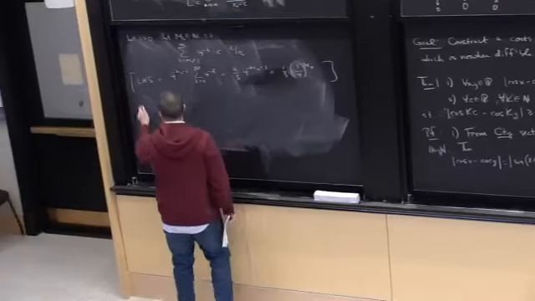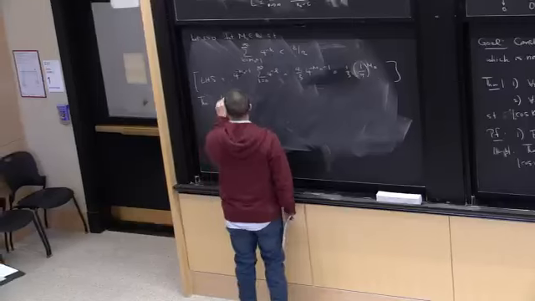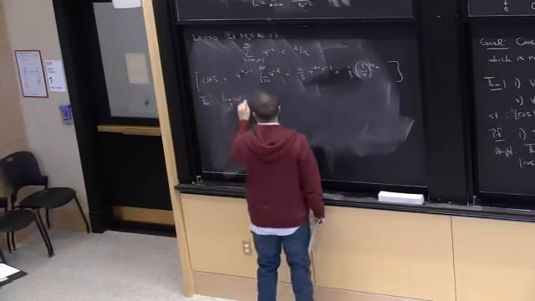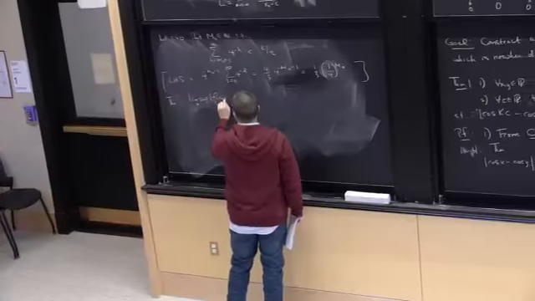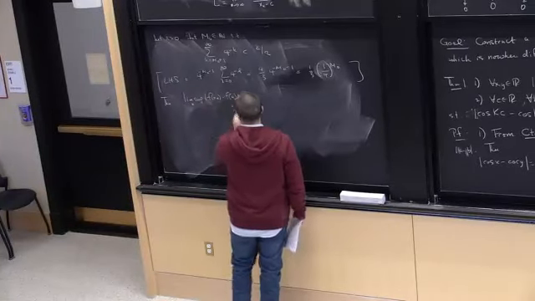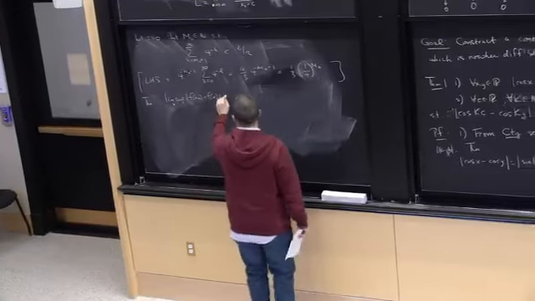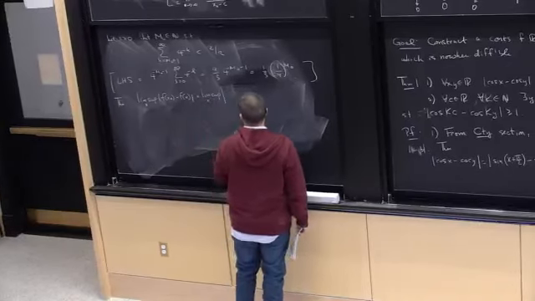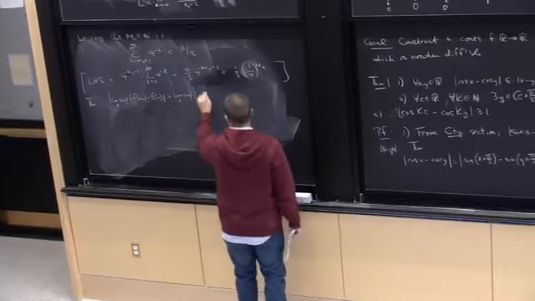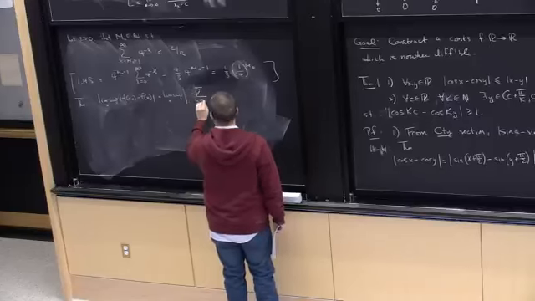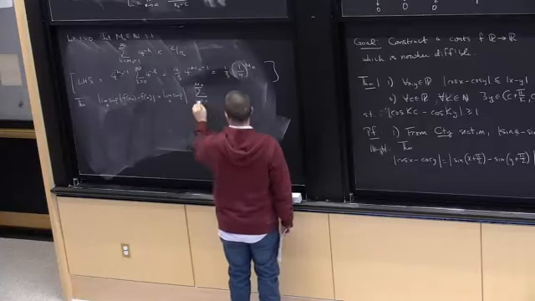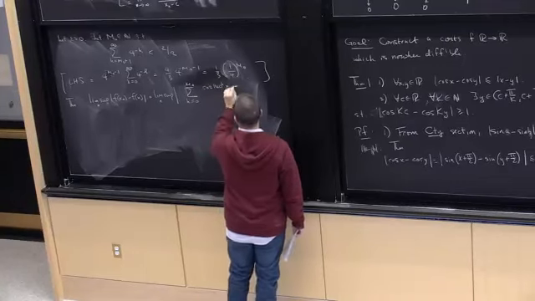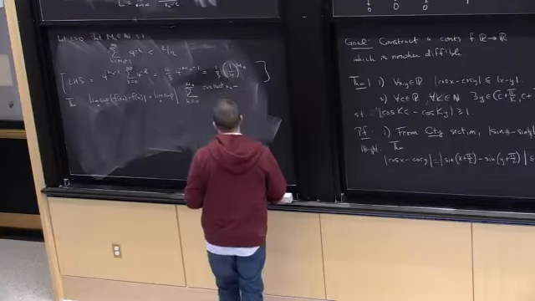Okay. And now we compute the lim sup of the absolute value of f of xn minus f of x. We split this up into two pieces. This is equal to the lim sup over n of the sum from k equals 0 to m0 of 1 over 4 to the k times cosine 160k xn minus cosine 160k x, plus the sum from k equals m0 plus 1 to infinity of 1 over 4 to the k, same thing.